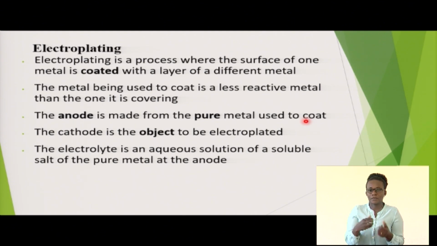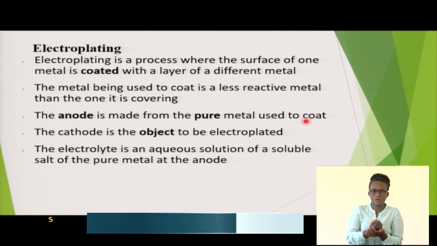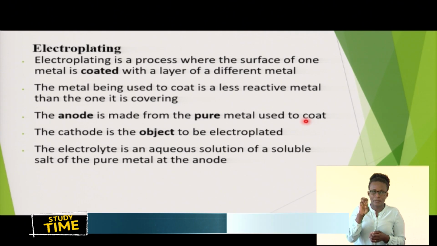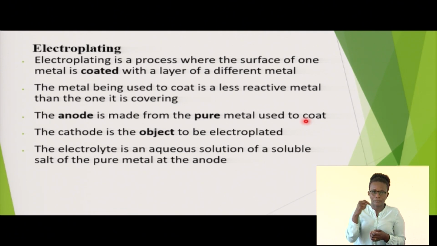That metal used to coat must be the anode, and it has to be pure. Then the electrolyte that you need to use must be the solution of that metal that you are going to use for electroplating. Please take note of those concepts, very important as far as electroplating is concerned.